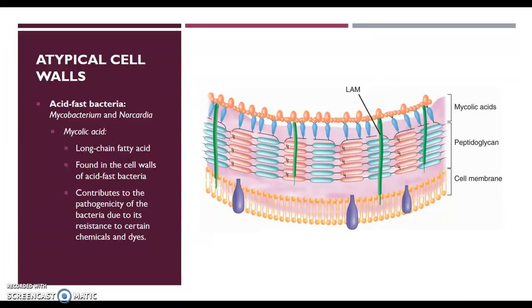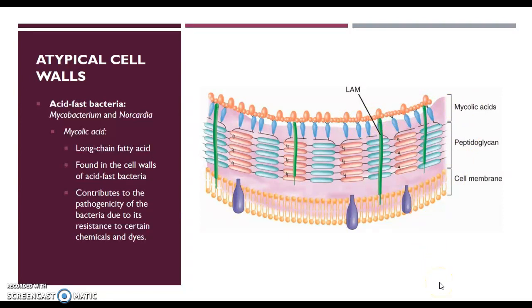We also have some other cell wall types. These are not common, they're atypical, and one type is the acid-fast. And some examples are Mycobacterium and Nocardia. Acid-fast cell walls have the cell membrane and then this layer of peptidoglycan, and then outside of that they have a layer of long-chain fatty acids called mycolic acids.